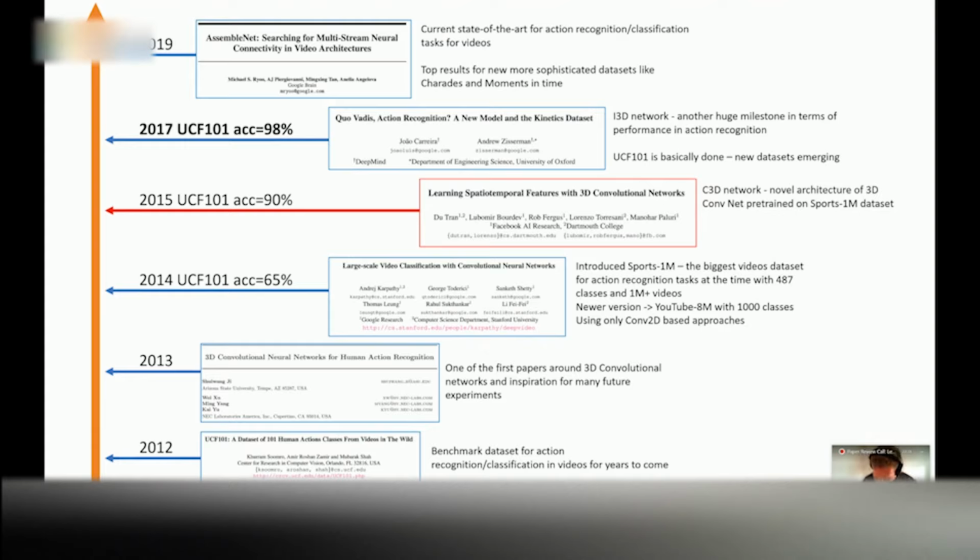Then there's this paper talking about AssembleNet, which, so far I didn't get into all the details yet, but it seems to be a very sophisticated approach. But so were the new data sets that were presented, like the Charades or Moments in Time data sets.